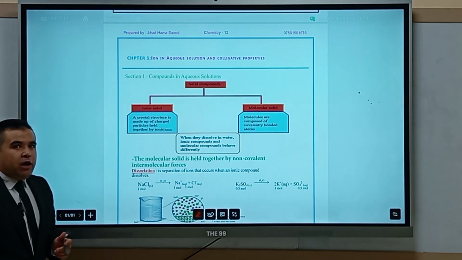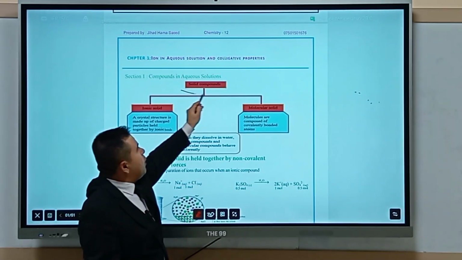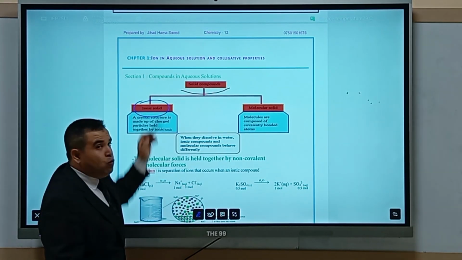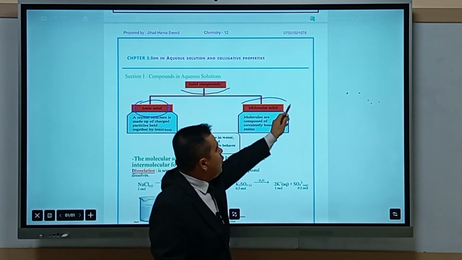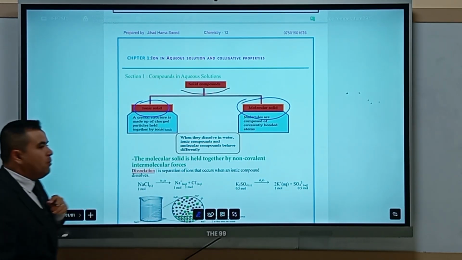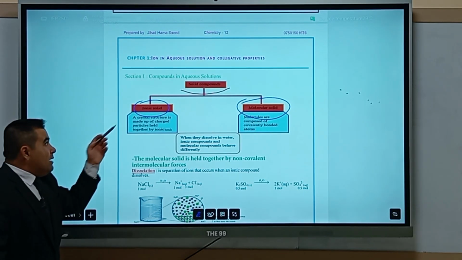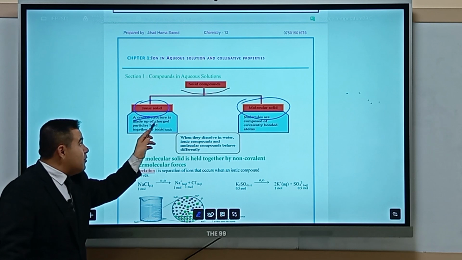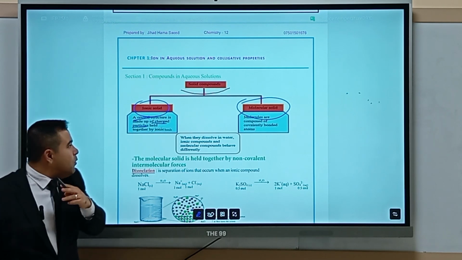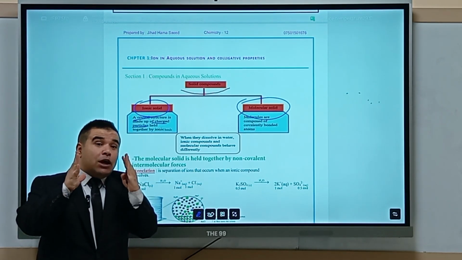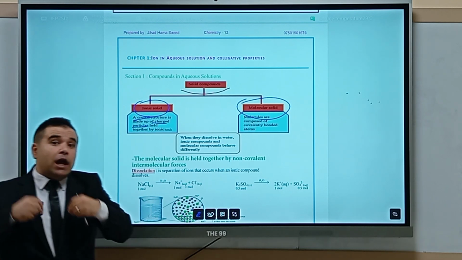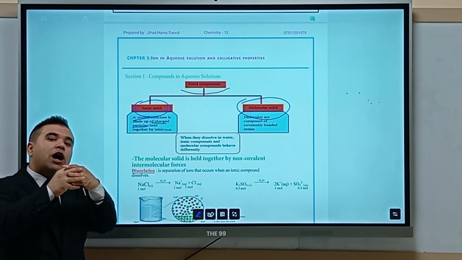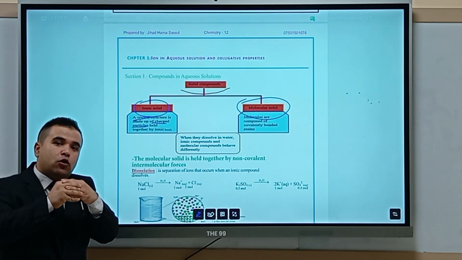We talked about the types of solids. The solid compound is divided into two types, guys. By ionic solid we mean the ionic compound, and by molecular solid we mean the molecular compound. An ionic solid is a crystal structure made up of charged particles held together by ionic bonds, by cations and anions.